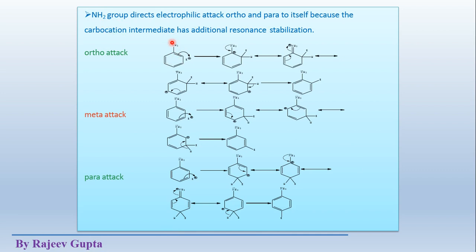Here this amino group shows plus R effect because it is donating its lone pair towards the ring. Okay, so due to this donation, the electron density inside the ring increases. So we can say that it is more reactive towards electrophilic substitution reaction.